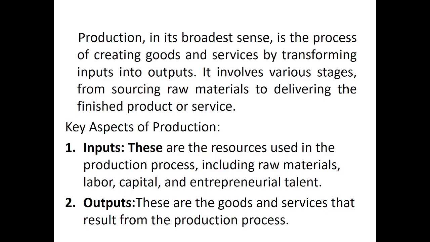So that is why production is a complete transformation of input into output. Input means the raw materials, and output means the final product made from the raw materials that have been used. It involves various stages from sourcing raw material to delivering the finished product and services, and apart from that, it also purchases the raw material and gives the final services to the customer.